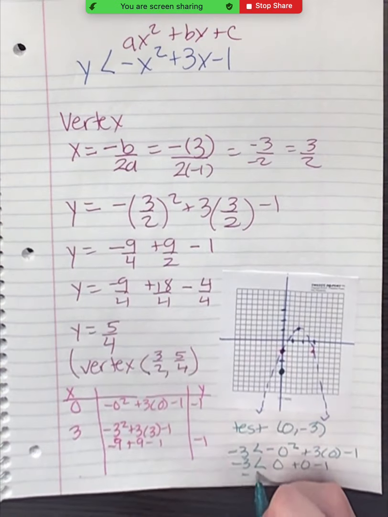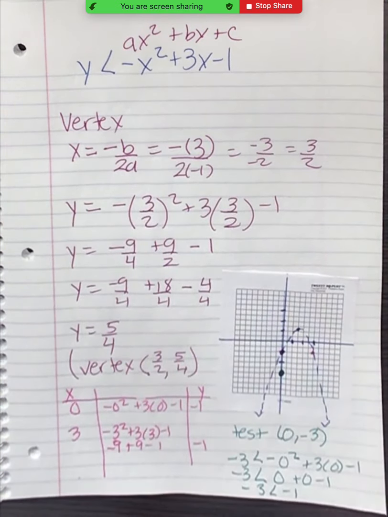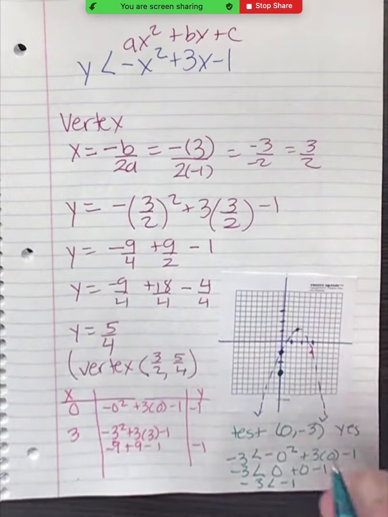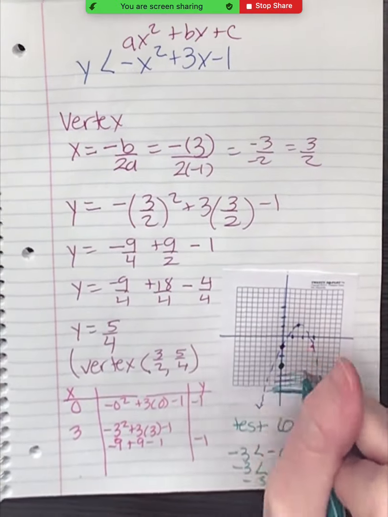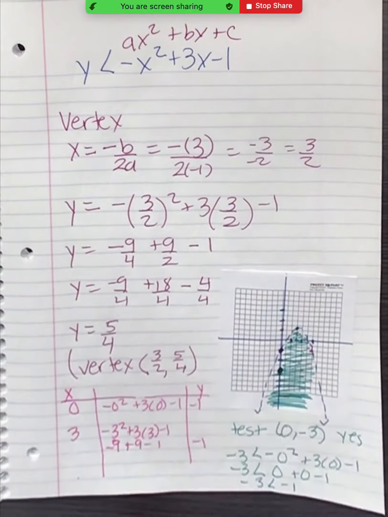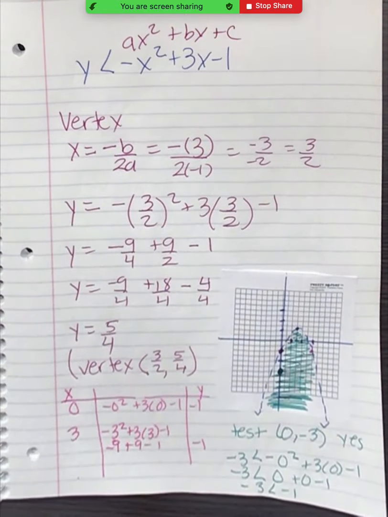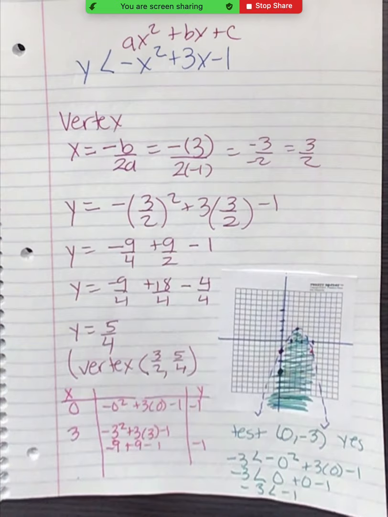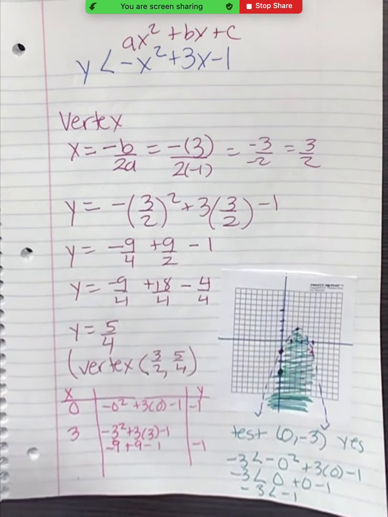Is negative 3 less than negative 1? And it is. So that's a solution, so you're going to shade in between again. Okay? So you just have to remember that shading once you graph your parabola. Okay? And that is 9.7.